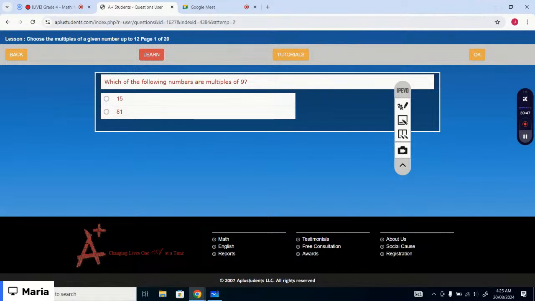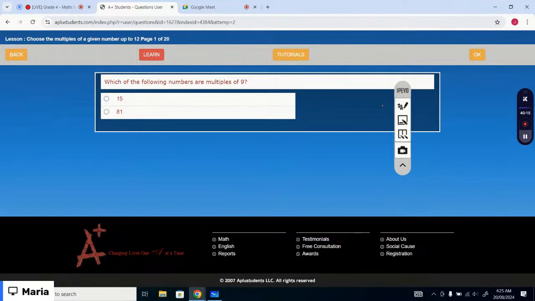Which number is the multiple of 9? Which is the correct option, 15 or 81? So which is the correct option?